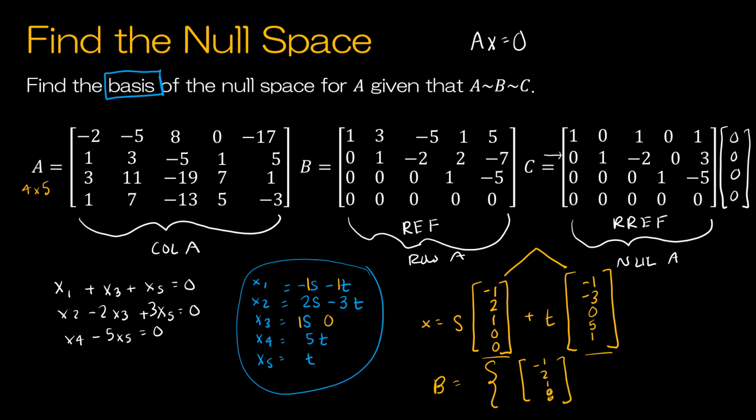That looks like an 8, but that's 2 zeros. And -1, -3, 0, 5, 1. So what we're saying is that those two matrices span all of the solutions of AX equals 0.